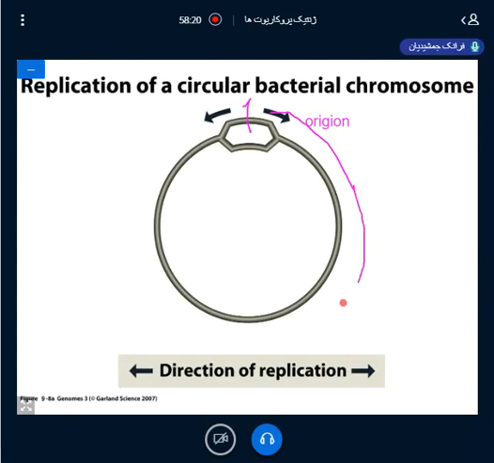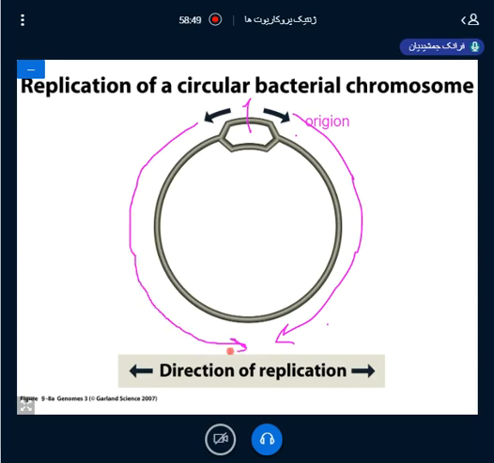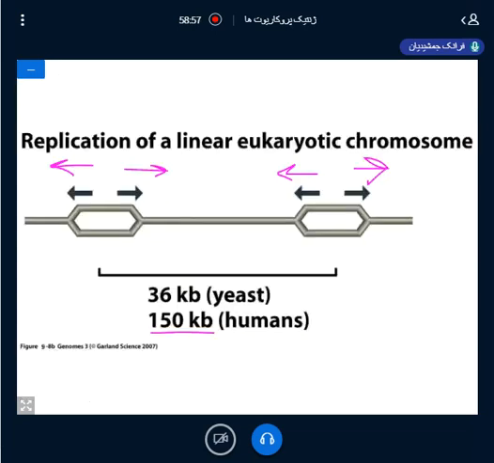One comes like this, the replication starts. And this is the other direction, which comes like this. So we have one origin and two directions of replication.